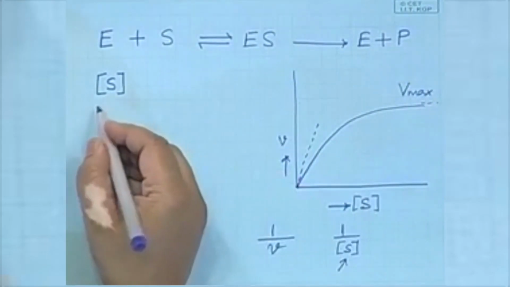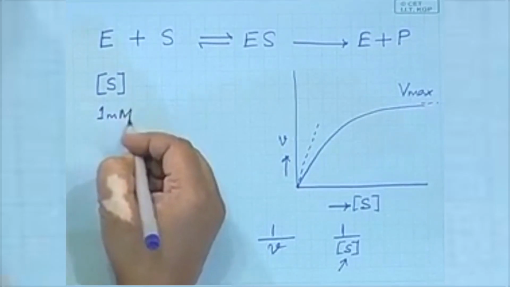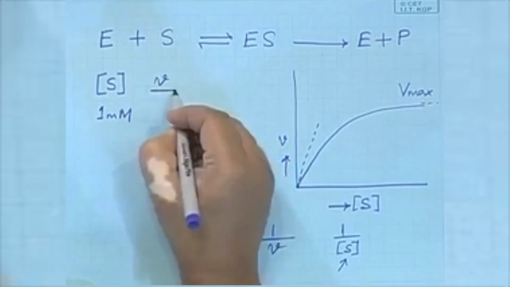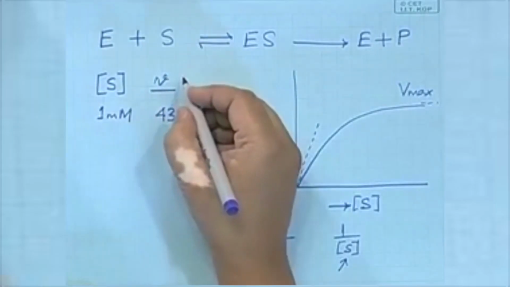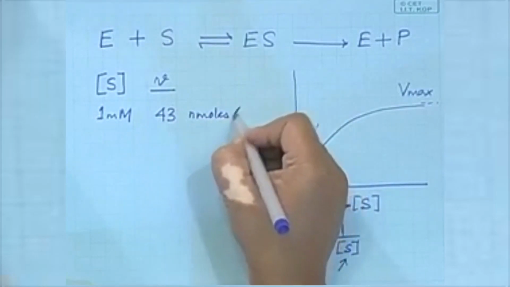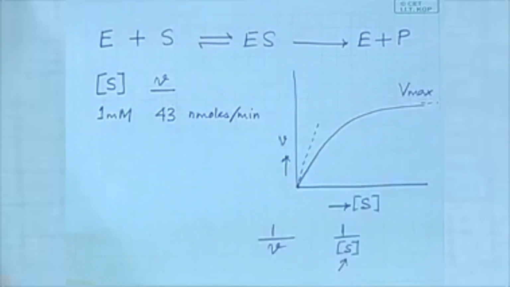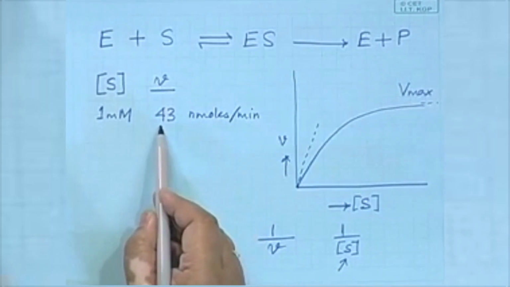Okay. So say for substrate concentration 1 millimolar, my velocity is 43. This velocity is given in nanomoles per minute. So now I have a particular velocity. What is this velocity?